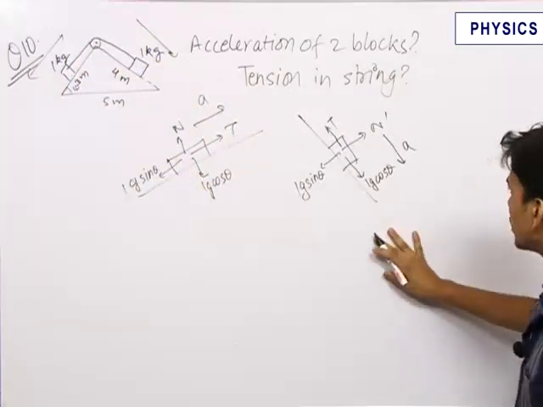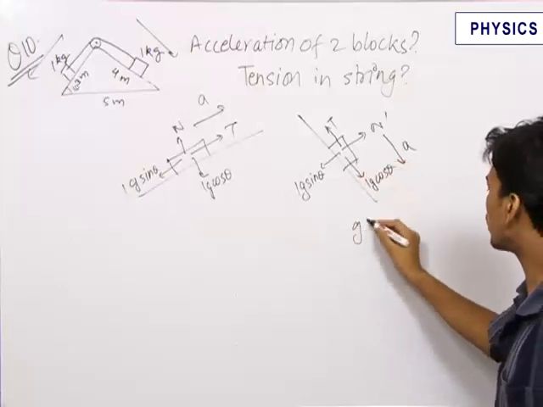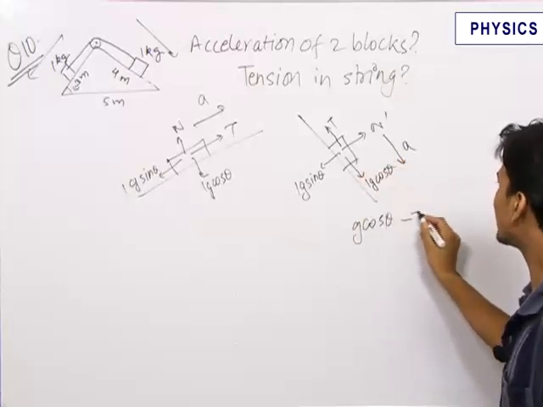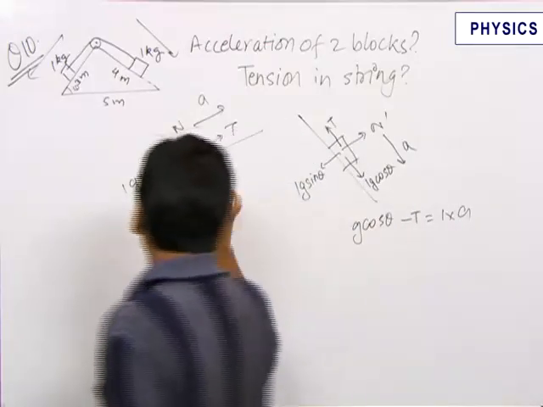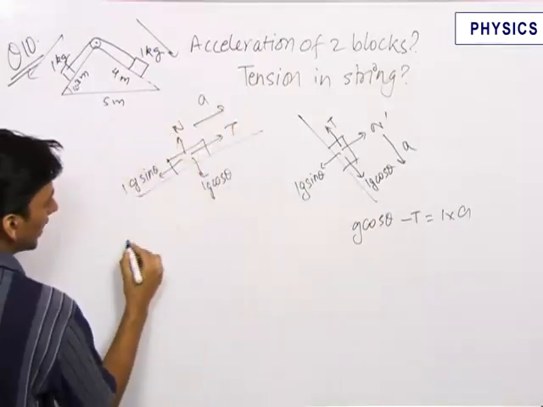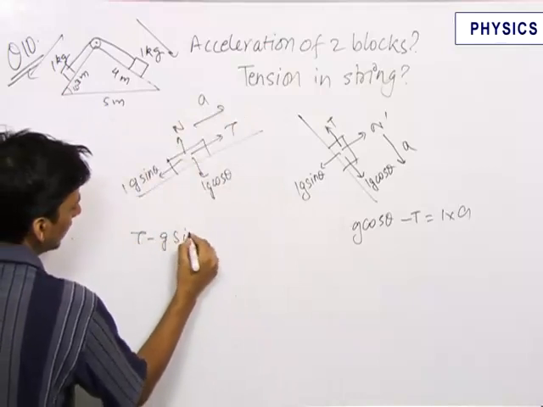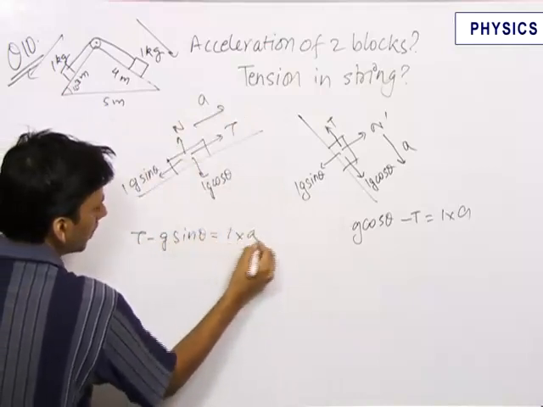So by applying the equation on this block, we get g cos theta minus T equals 1 into a. By applying the equation on this block along the incline, we get T minus g sin theta equals 1 into a.